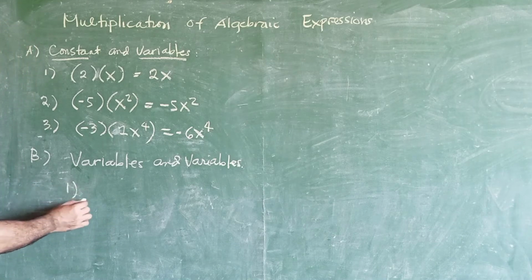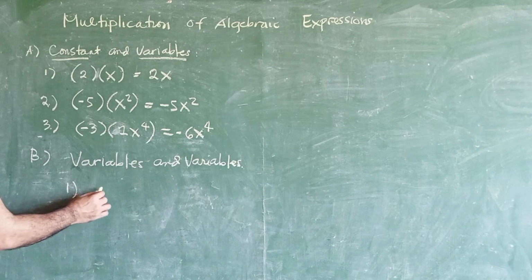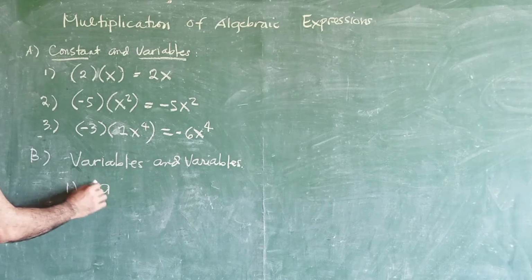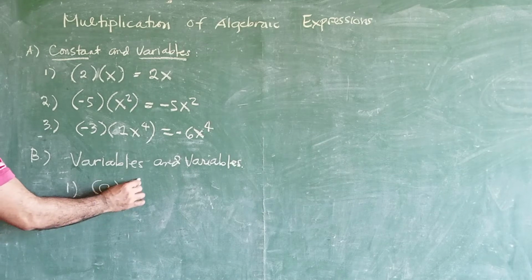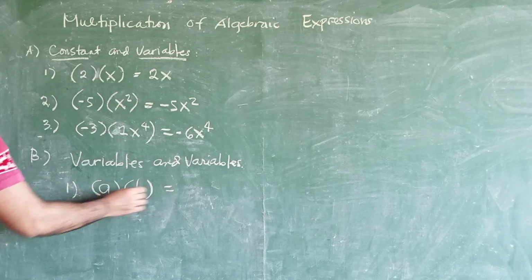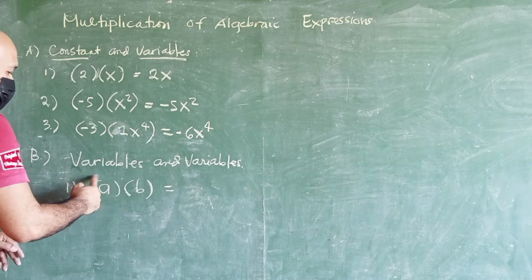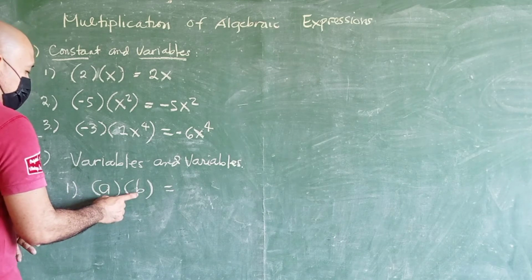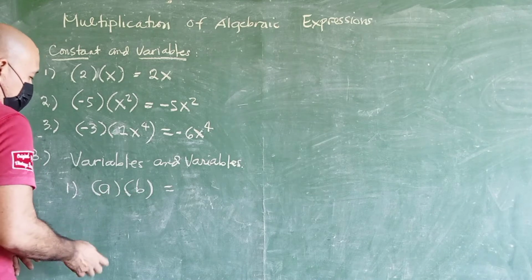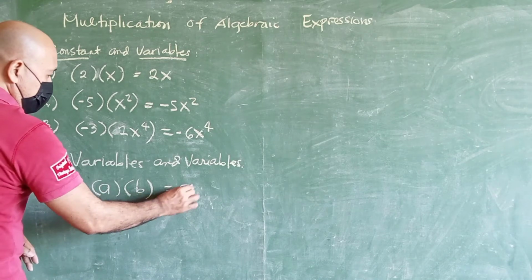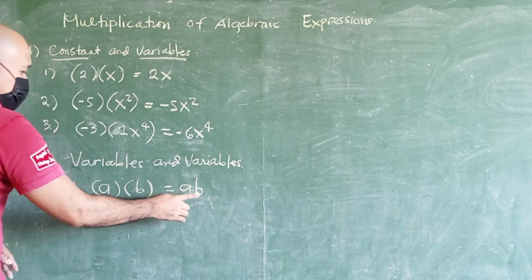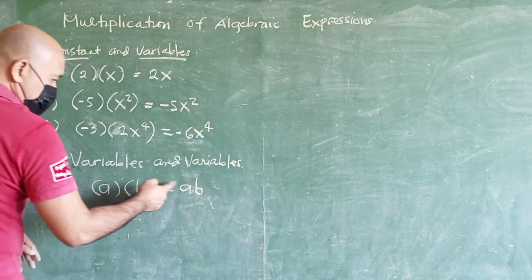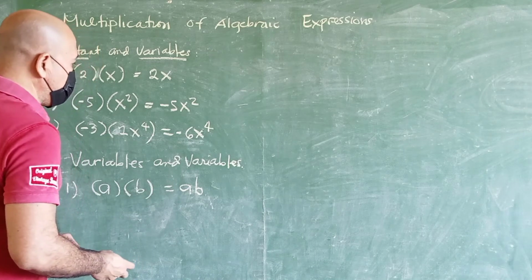The first one is when you multiply variables and variables where these two variables are not the same. For example, we have A times B, or the quantity of A times B. If you are multiplying different variables, the result is just again copied together as the answer. So the quantity of A times the quantity of B, the result is AB as the product.